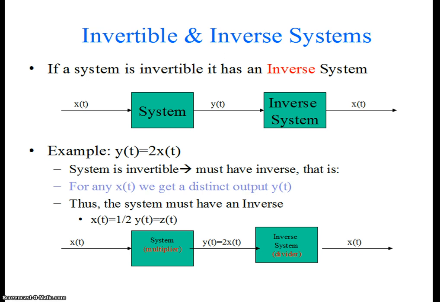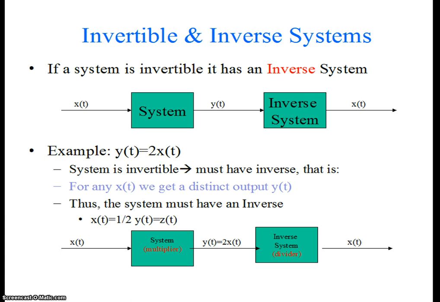System 1 is a multiplier and system 2 is a divider. The input signal x of t is provided, and it is multiplied by some constant, y of t is equal to 2 into x of t. If I want the inverse of that system, then I will divide by 2. So I'll get my x of t back. So multipliers and dividers are inverse systems.